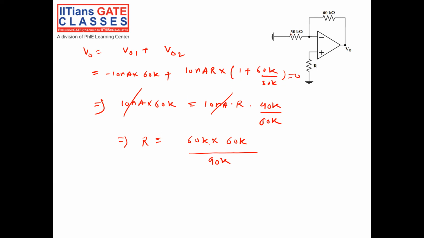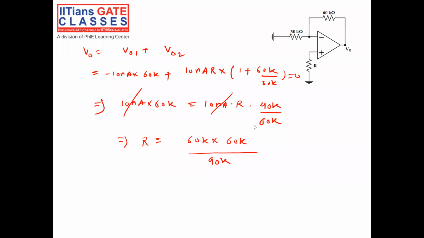So what will be R? But here it is 30K actually. 30K, right? 30 into 60 by 90K, right?